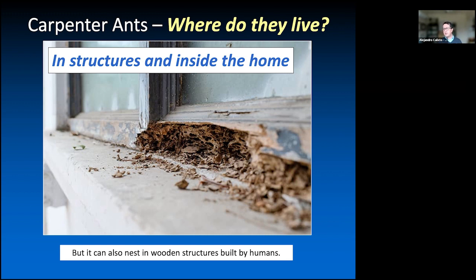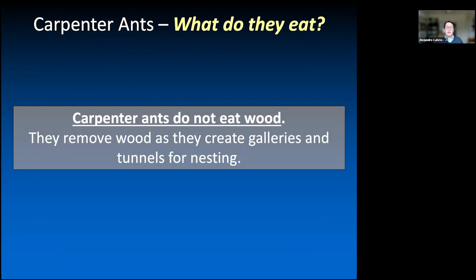So these structures provide a nice habitat for them to build a nest. You have to be alert, inspecting your house and making sure you don't have structures with this damage, because most likely you can get carpenter ants building a nest there. Remember, these ants don't eat wood. All that dust that you think is damage is just the wood being removed to create the galleries and chambers to build the nest.